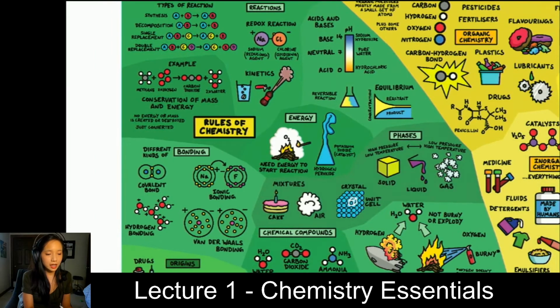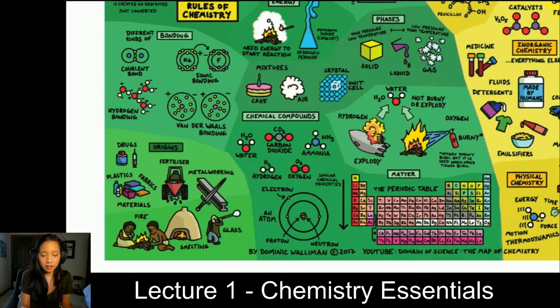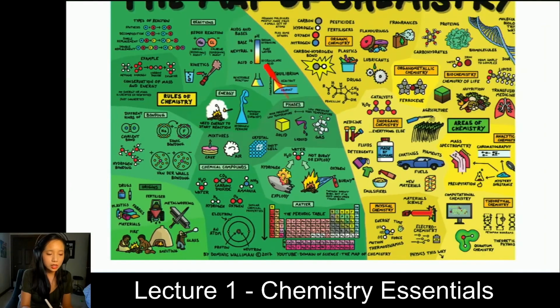So things like types of reactions, different phases, types of energy, chemical compounds, the origins, which is really the alchemy that we'll actually talk about in this lecture. Here we have matter, the structure of an atom. All of these are the rules and principles of chemistry that we can apply to technologies to create new different applications that can better enrich our lives.